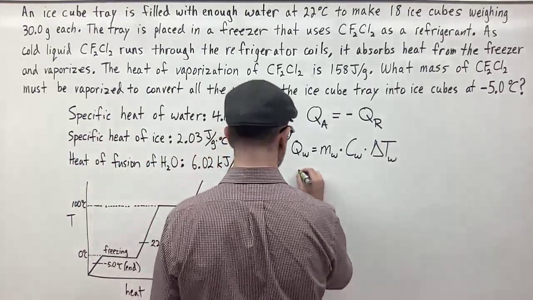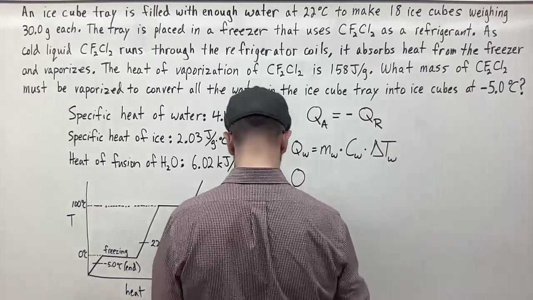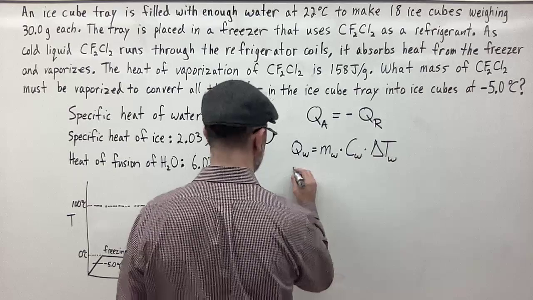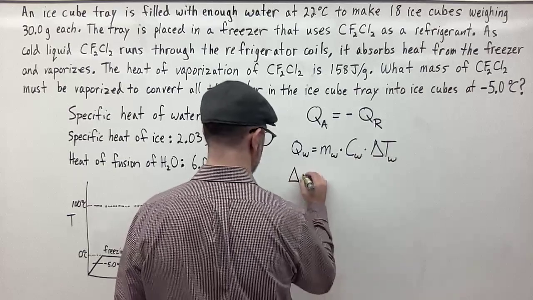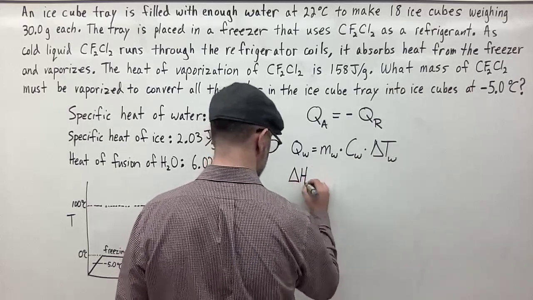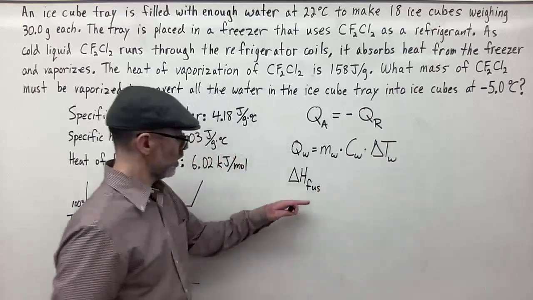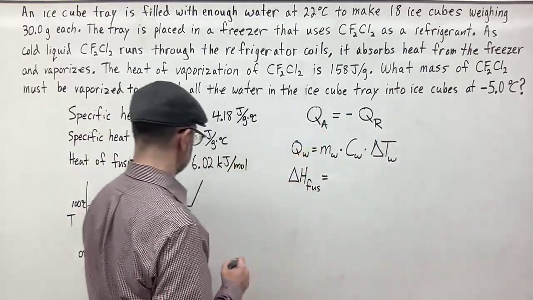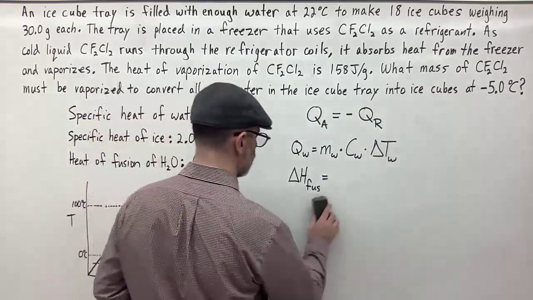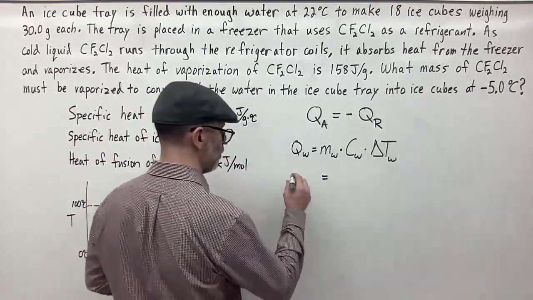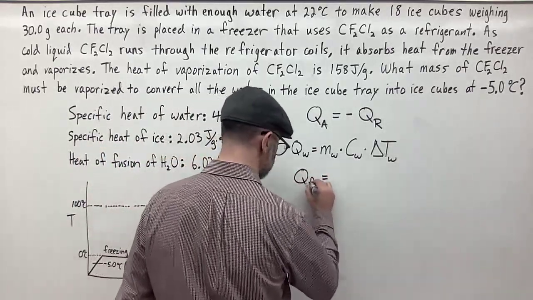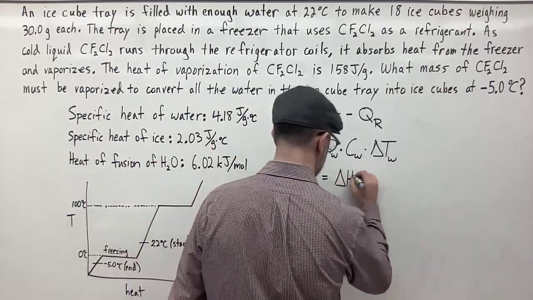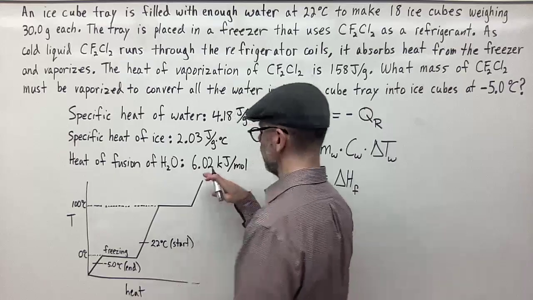So here, the Q, or we'll just say the heat of fusion, delta H of fusion, or I should say Q, let's say Q. So the Q of freezing, QF, is going to be equal to the heat of fusion that we're given here.